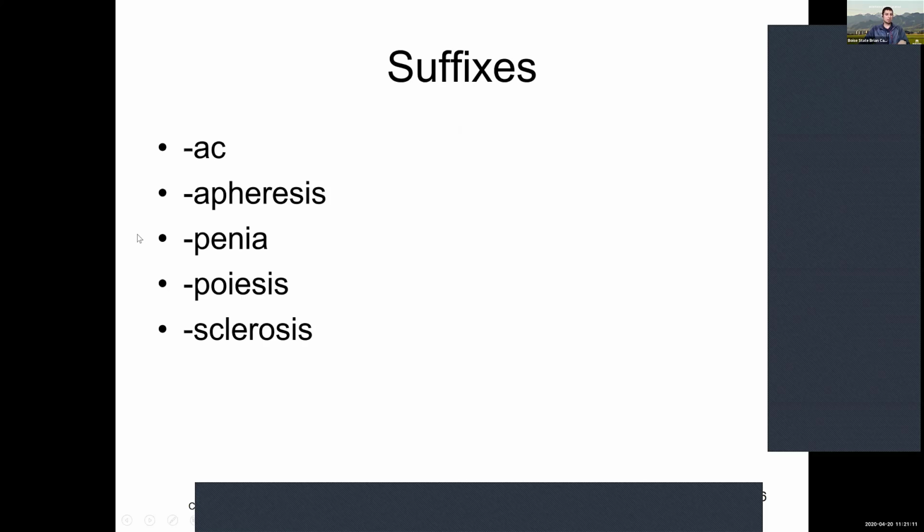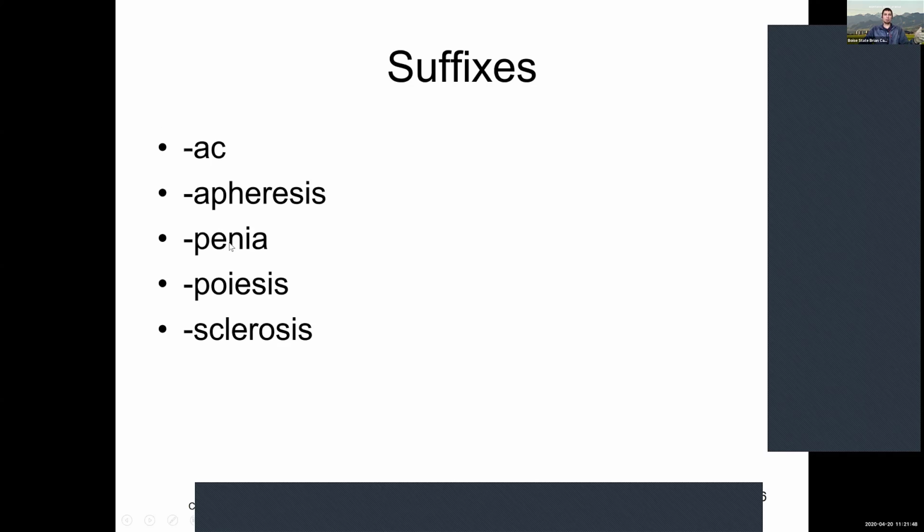And then suffixes. Word ending in ac just means pertaining to. Phoresis would be moving or removal of. So diaphoresis is sweating, an increase of sweating. And we can also see phoresis in dialysis, a type of hemophoresis in which we're removing the blood and filtering it. Penia means a lack of or an abnormal reduction of.